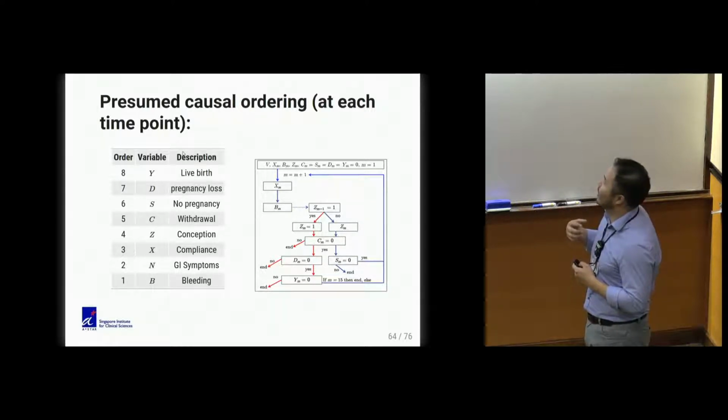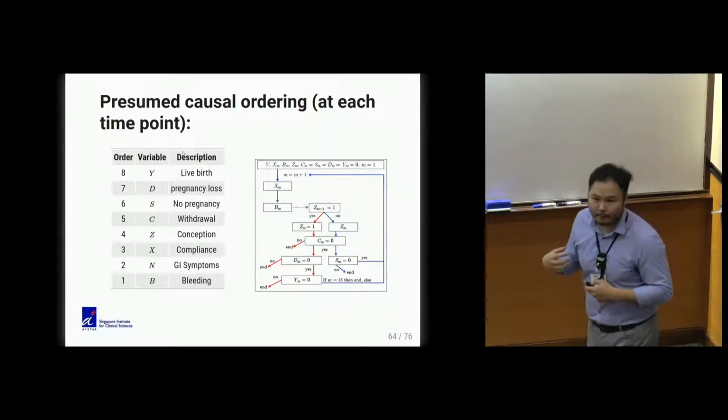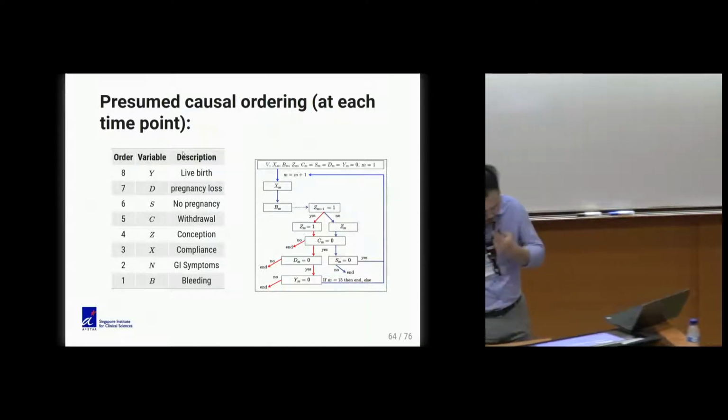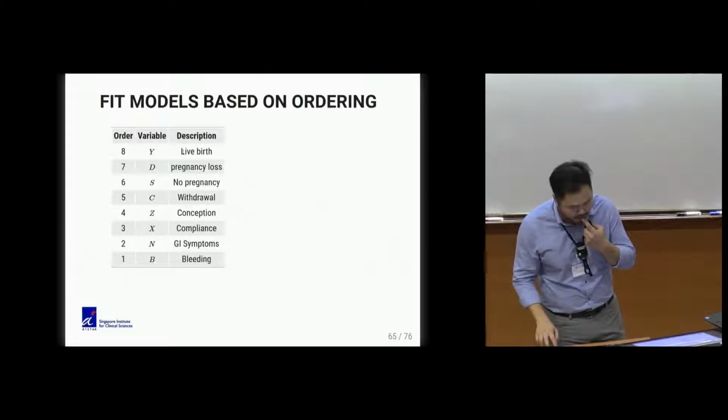If it does and they don't stay in, if it doesn't and they stay in, then you go to the next one and you continue to iterate through. It could be, even if no conception happens, they're lost to follow-up, so they could be censored and no pregnancy. Even if conception happens, they could still be lost to follow-up, or there could be a pregnancy loss or a live birth. All right, so that's just the general flow chart for how they think these variables are related to each other in time.